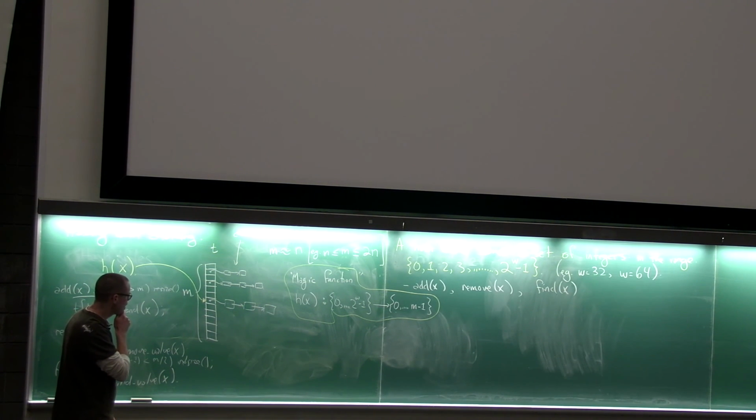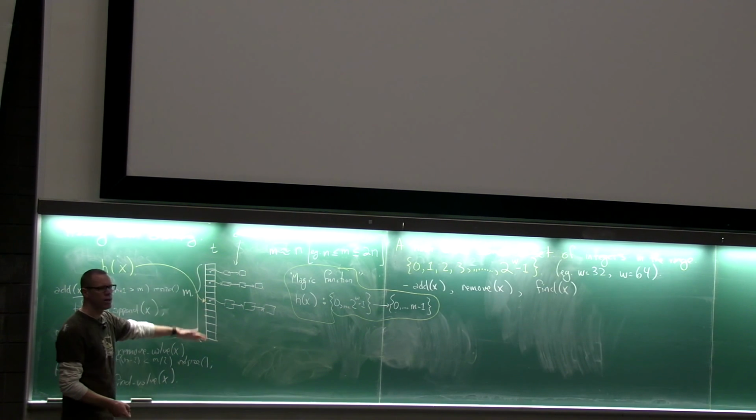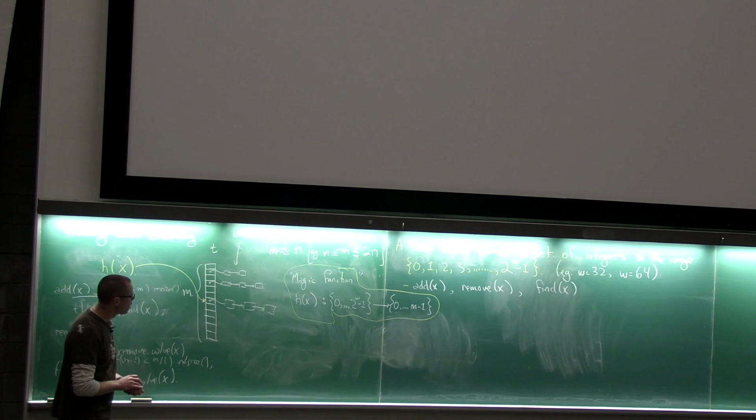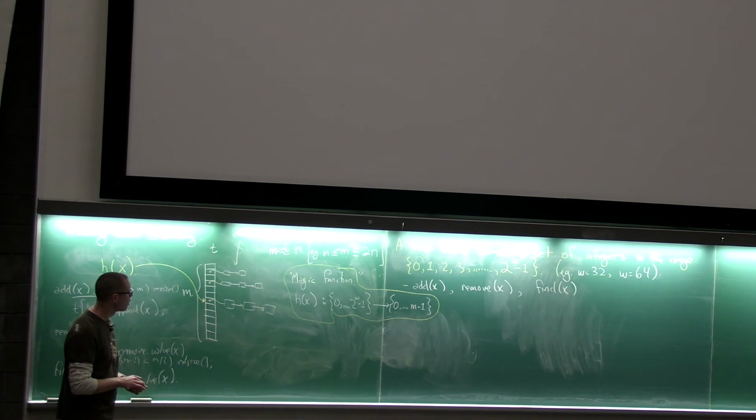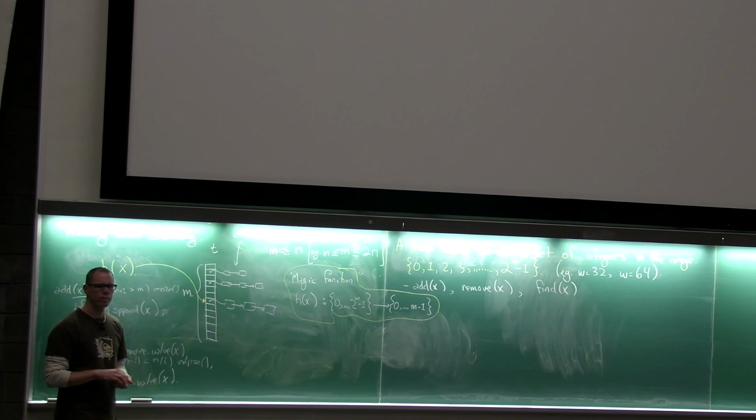So one thing you might say is, okay, I would like the average length of these lists to be small. Would that be enough? What does the average mean?